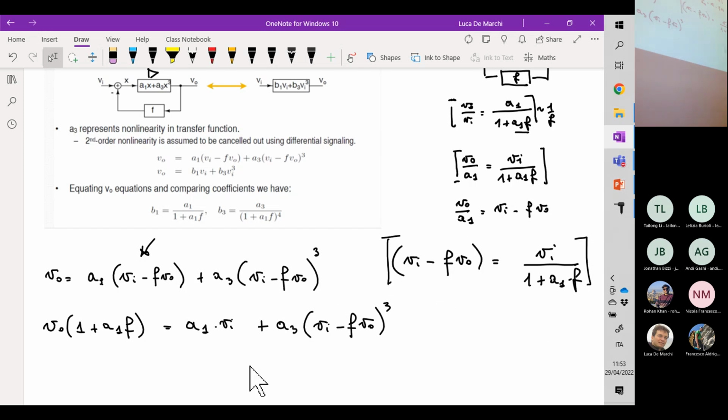That is, V out times 1 plus A1 times F should be equal to A1 times Vi plus A3, and rather than having this term to the third power, we plug this quantity in to the third power. So A3 Vi to the third power divided by 1 plus A1 times F, again to the third power.